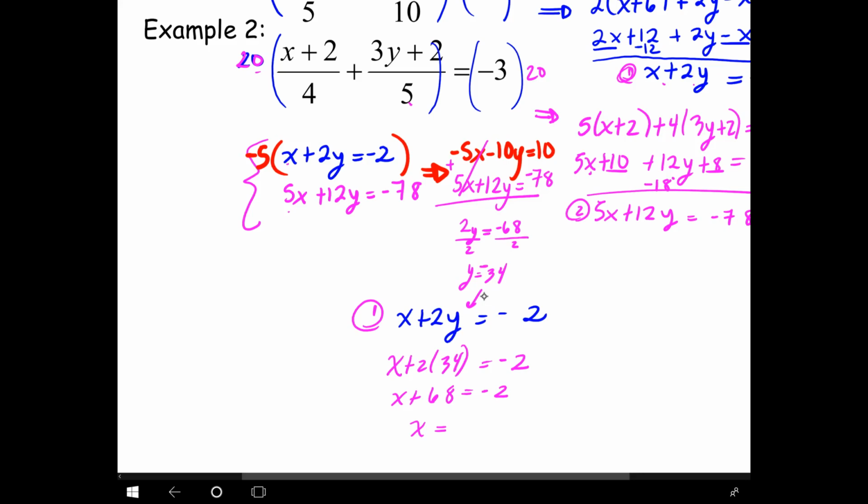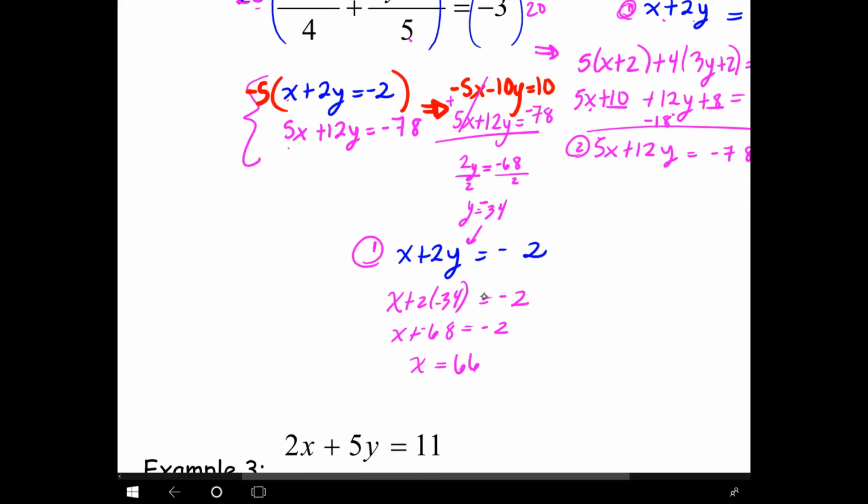It's a good thing I worked these notes out before I did the video, so I know the correct answers. Sorry, guys. So that would give us a negative 68. So when we add 68 to the other side, then it gives us a positive 66. So our correct answer is 66, negative 34.